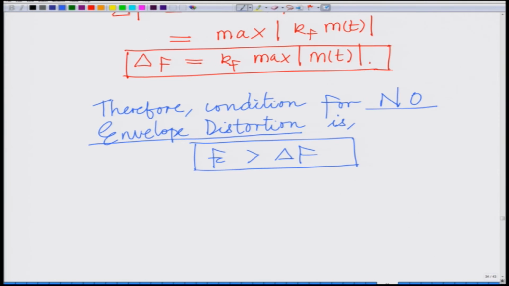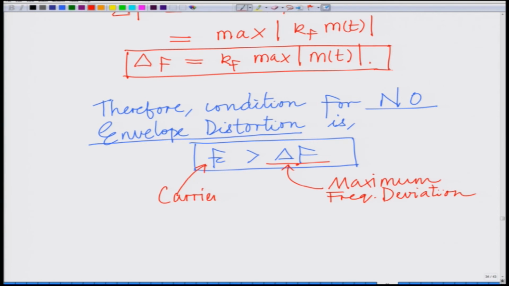Let me also mention that delta f is your maximum frequency deviation and Fc is your carrier frequency, and the condition for no envelope distortion is that Fc is greater than or equal to delta f.